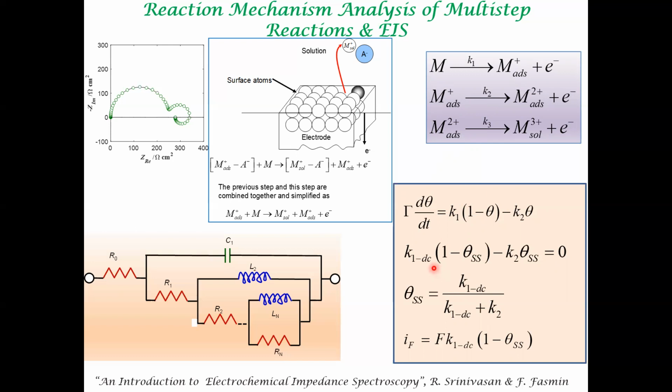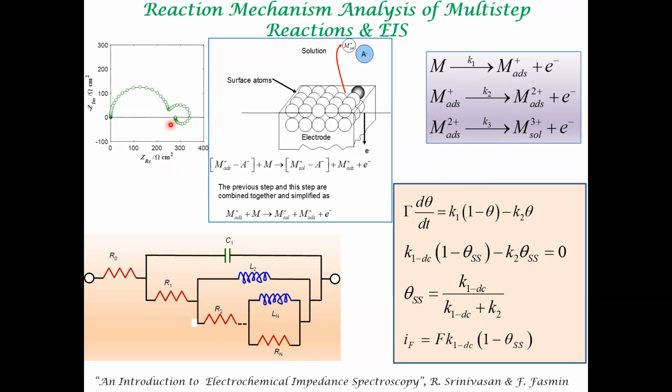In the case of Warburg impedance, we wrote physical kinetic equations and derived the impedance. In a similar manner, we can write the chemical kinetic equations and derive the EIS spectrum. Then those EIS spectra, when you have, let's say, a multi-step kinetic mechanism, help you rationalize the reason for these negative resistances and inductance.